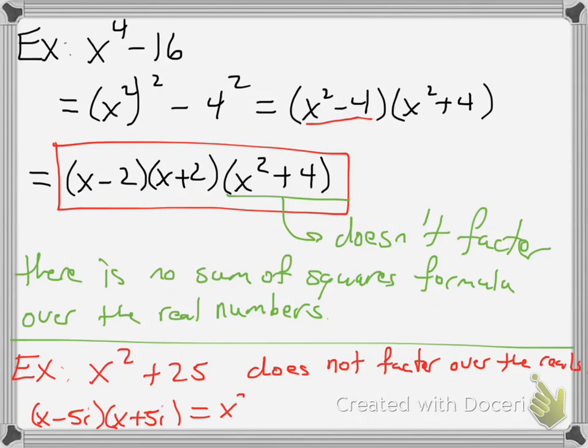That's going to equal x squared minus 5ix plus 5ix minus 25i squared. So that's FOILing it out. Notice that the 5ix's are going to cancel. You've got a negative sign here, and you've got an i squared here. So i squared is negative 1, and that negative 1 is going to get rid of this negative here, so you're going to be left with x squared plus 25.